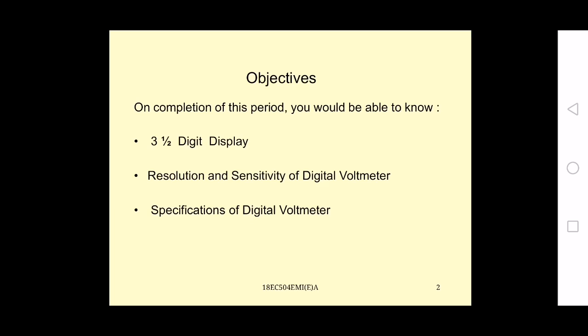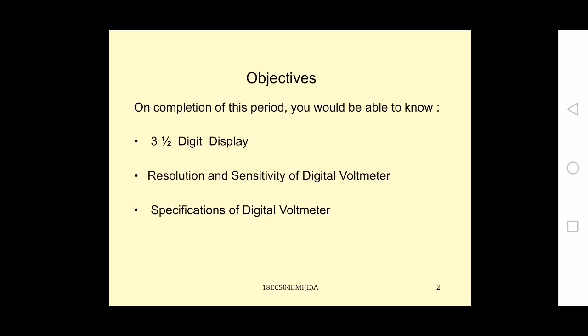In our syllabus we have the ramp type and successive approximation type. That construction and working we will see in the next class. Today's class we will see the specifications of these digital voltmeters.